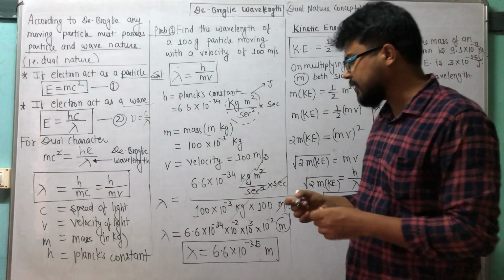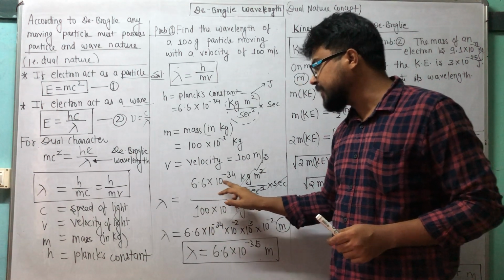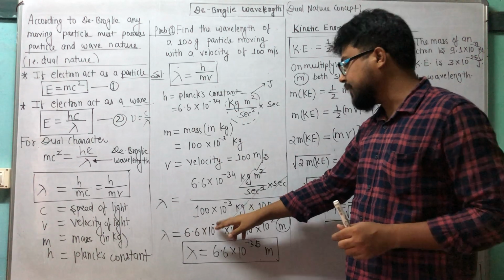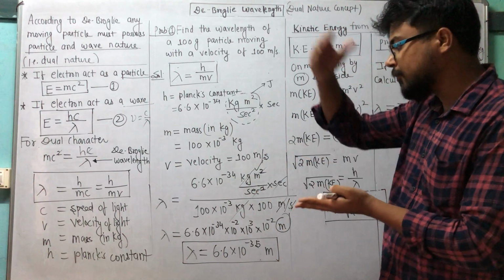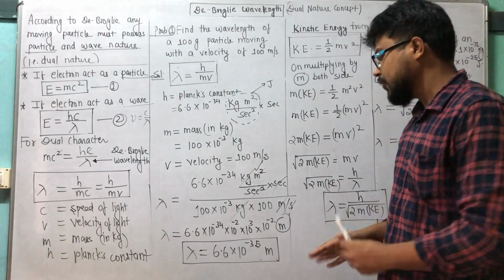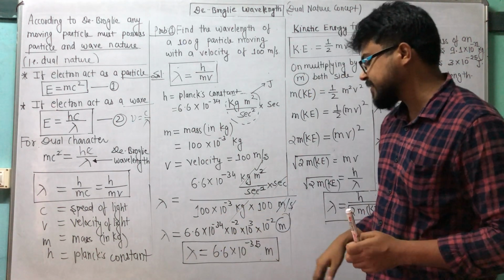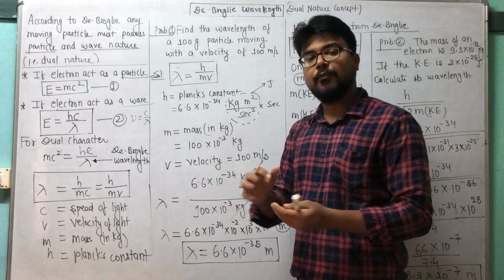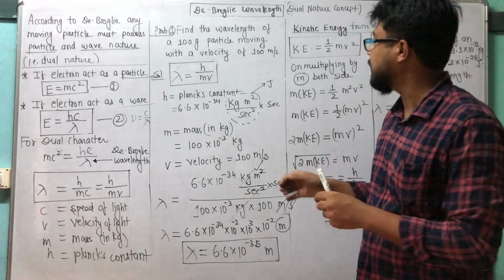I can write 6.6 into 10 to the power minus 34. When this 100 moves upside, it becomes 10 to the power minus 2, when 10 to the power minus 3 moves upside, it becomes 10 to the power 3, and the same with this 100. When I solve, I get my answer in meter, and the answer is 6.6 into 10 to the power minus 35. It is the value of lambda, the De-Broglie wavelength, correct?